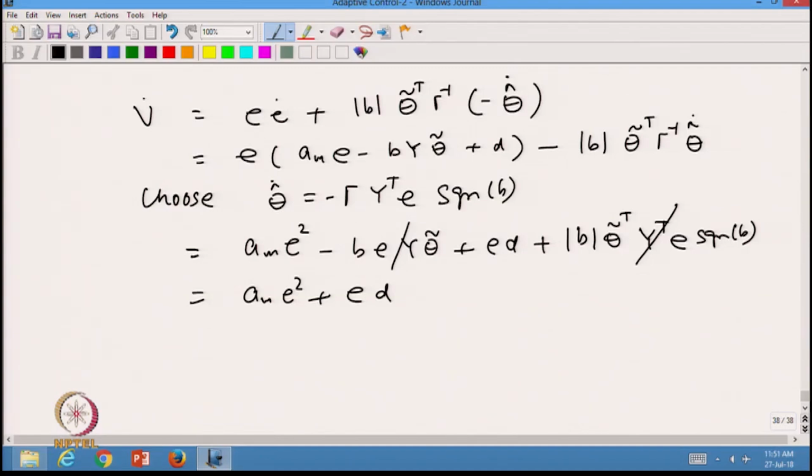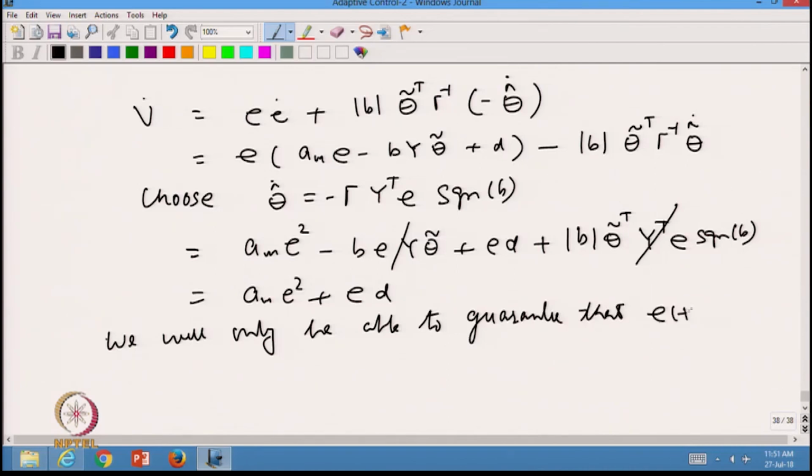We will only be able to show, if you follow through with the analysis like we have done before, that E of t is bounded, but that's not enough, because we want to make sure that all signals in our system are bounded and the control is also bounded.